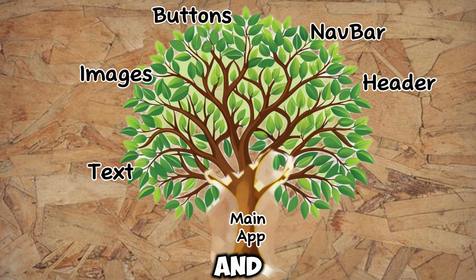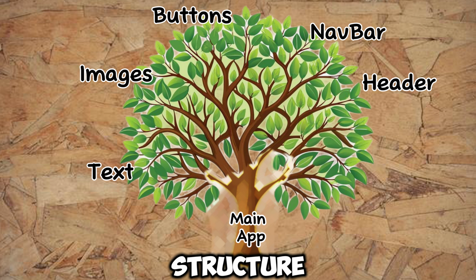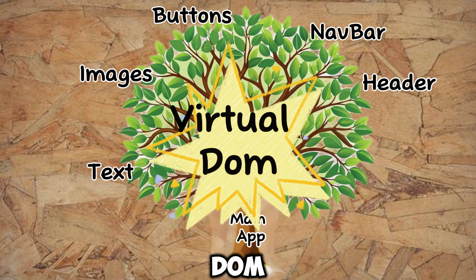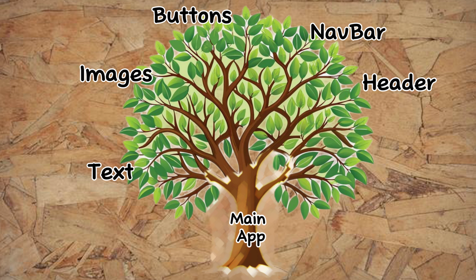That's slow and annoying. But in React, it's smart. It keeps a copy of your website structure in memory called the virtual DOM. When you change something, React compares the old copy and the new one. If only one branch, like a button color, changed, it updates only that part. The rest of the tree remains untouched. This makes your website super fast and smooth. And that's one of React's biggest strengths.